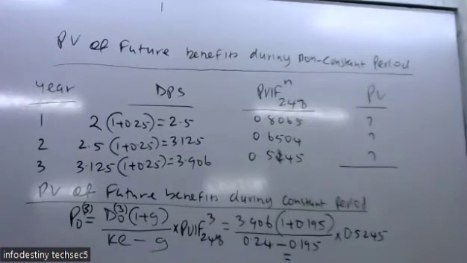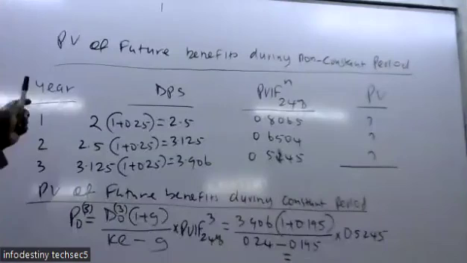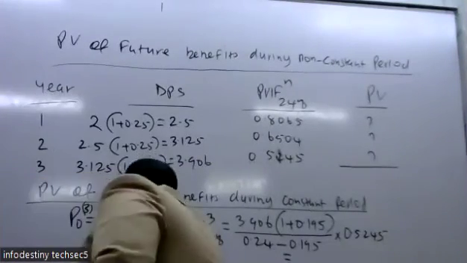So now we add them together, the non-constant and the constant periods, to get the value of the share.